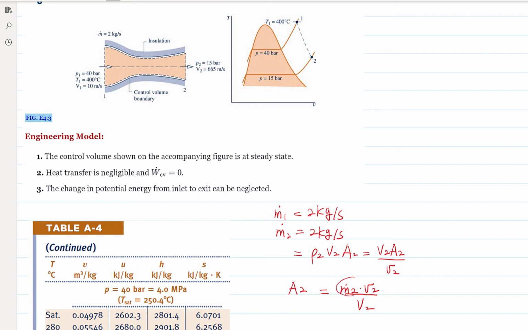So we know the mass flow rate and the velocity at the exit. Once we fix the state at the exit, we can determine the specific volume at the exit. So we are going to determine one more property at the exit, and we are going to use the energy balance to determine the unknown.